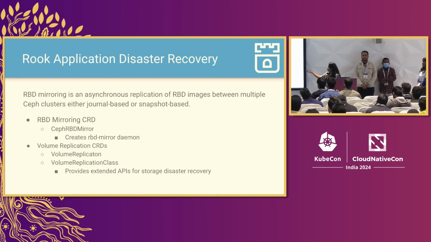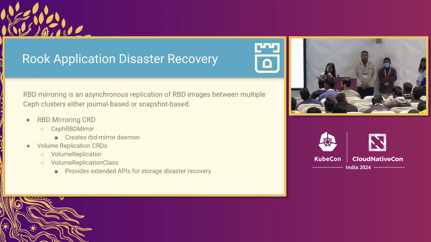The volume replication class extends the APIs for storage disaster recovery. Volume replication is created per image. For one PV, we'll have one volume replication, and it will take care of promoting, demoting, or performing resync operations for the particular image we want to operate on.